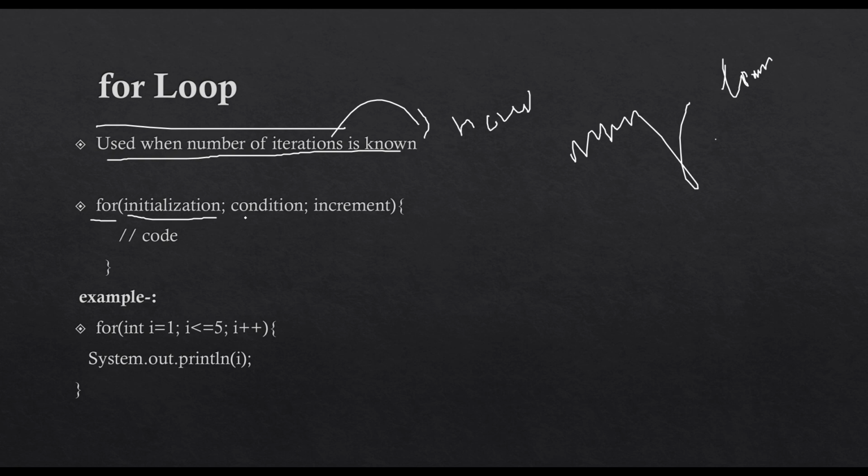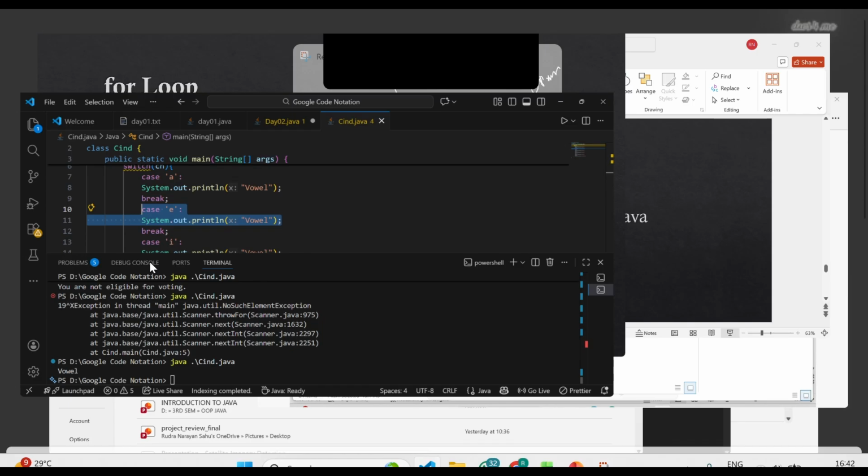And after each iteration you increase this value by 1, 2, 3, or however much. Whatever code you want to perform, you can write it here. Let's see an example.